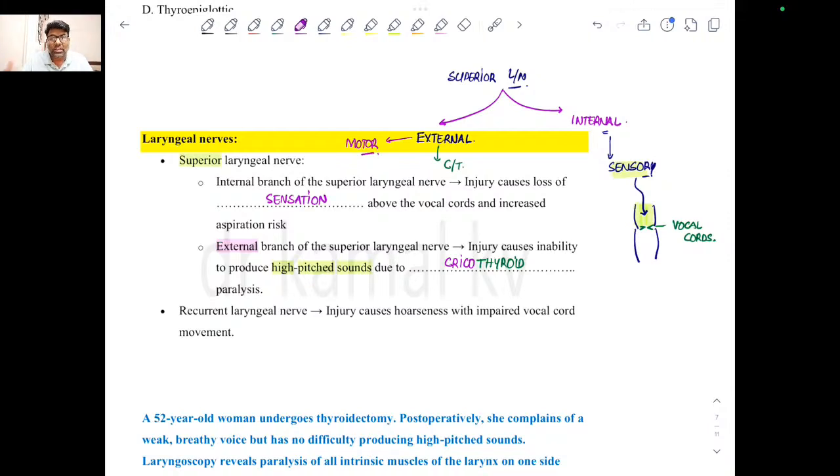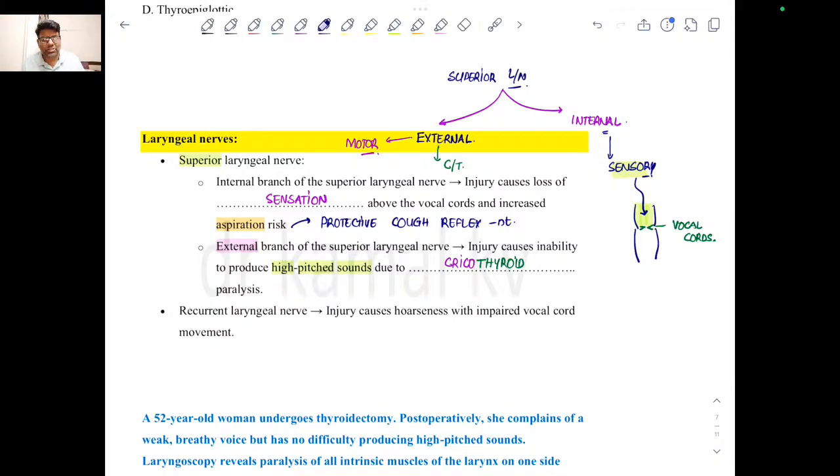And if there are no sensations, then the cough reflex is hampered and that increases the chances of aspiration, because the protective cough reflex is absent.